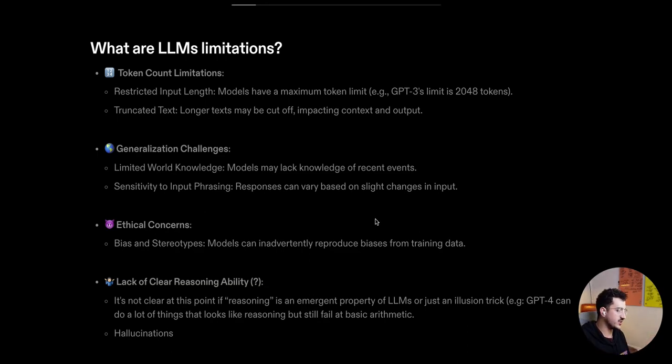You also need to understand that this thing has some generalization challenges. It has limited world knowledge up to the cutoff date of training. It's very sensitive to input phrasing. You might be hitting certain boundaries of the upper prompt that is dictating the behavior of the chat, in the case of ChatGPT.